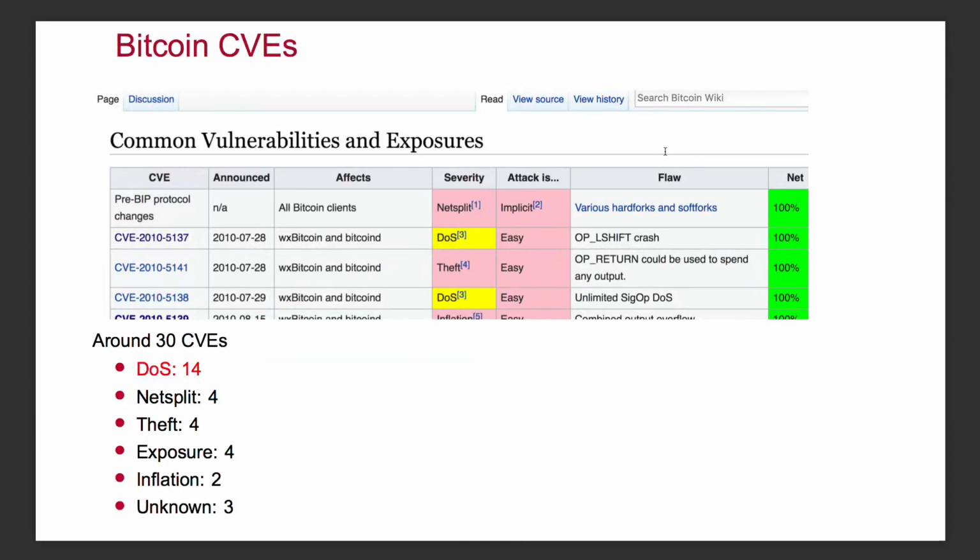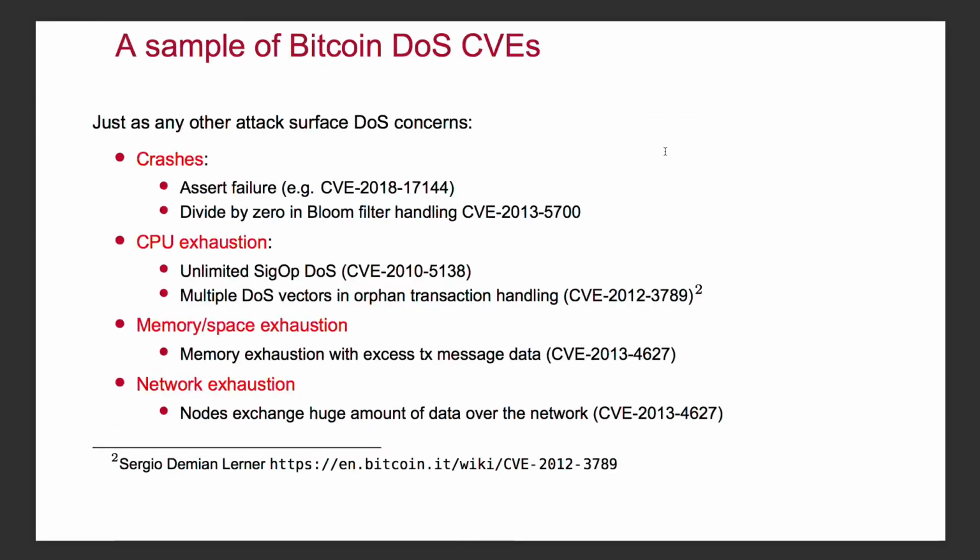So if you now take a look at what application security DoS attacks look like, they're the most numerous types of attack in this kind of environment. They can be categorized. There are pure crashes, stuff like assert failures or divide by zero. There could be CPU exhaustion.